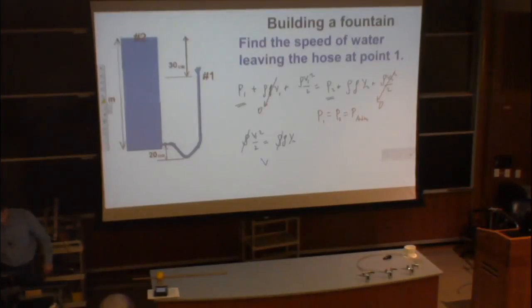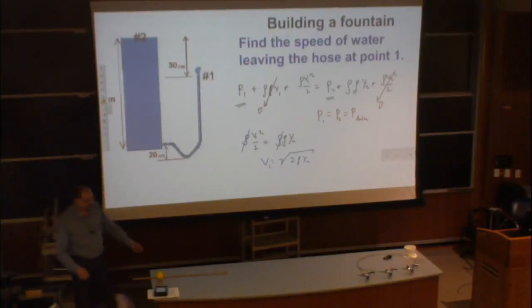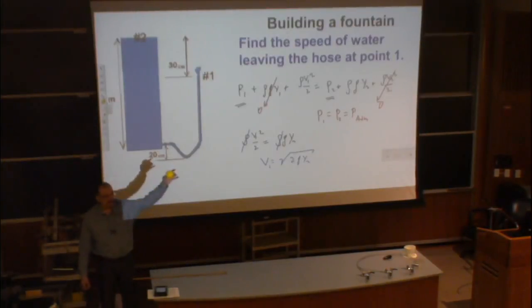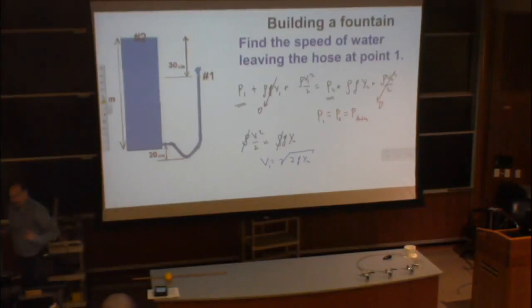We can calculate the speed using this equation. And this is actually not a new equation to us. If I release a ball and it travels 30 centimeters, that will be the speed of that ball. Which is kind of natural if we say that the liquid is ideal.